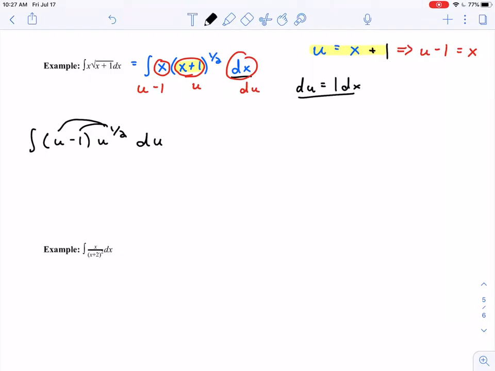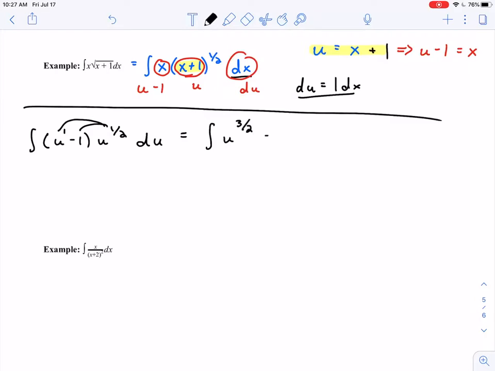Well, it has an exponent of 1, but that's not going to stop us from distributing. So we can simplify this a little bit. u times u to the 1/2 is really u to the first power times u to the 1/2. I'm going to add those powers. So 1 plus 1/2 gives u to the 3/2 power, minus 1 times u to the 1/2, that's u to the 1/2, du.